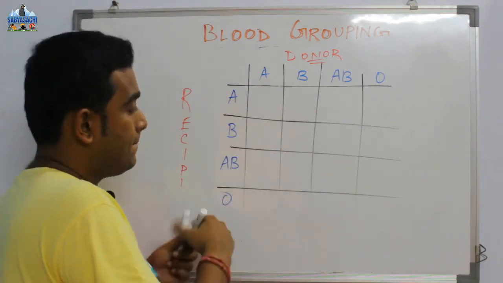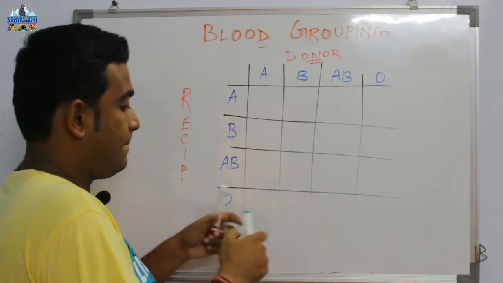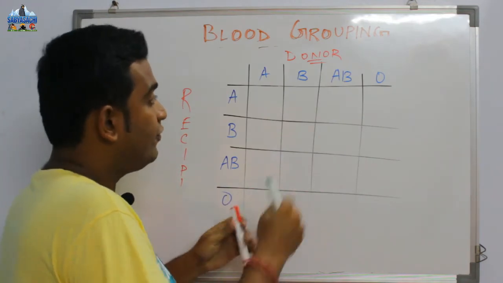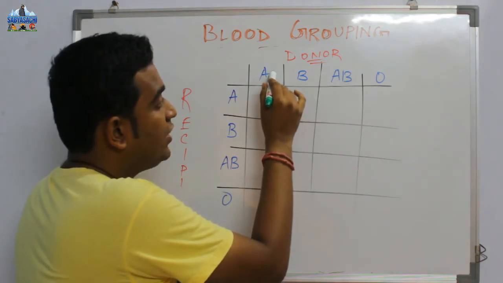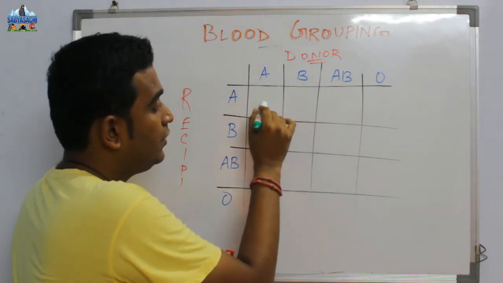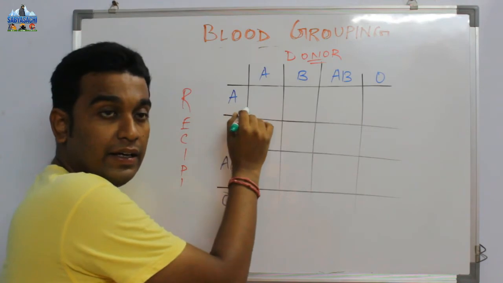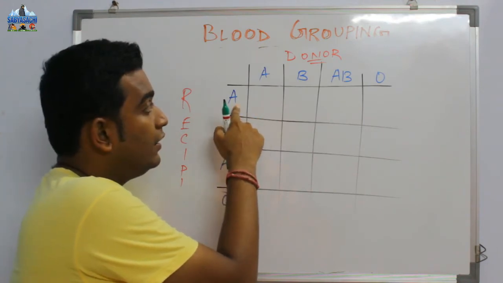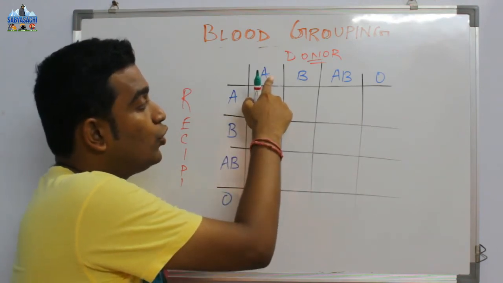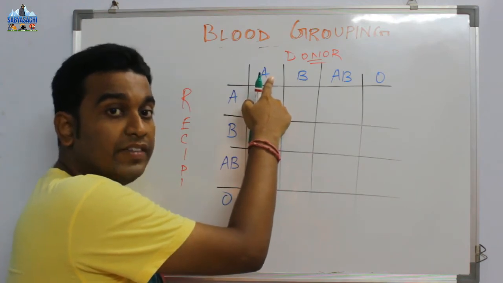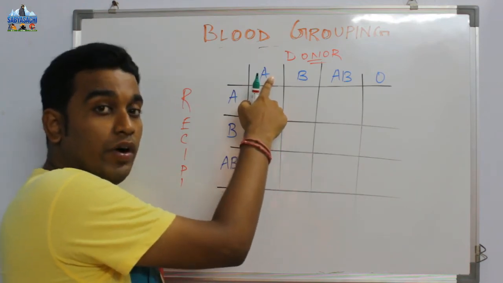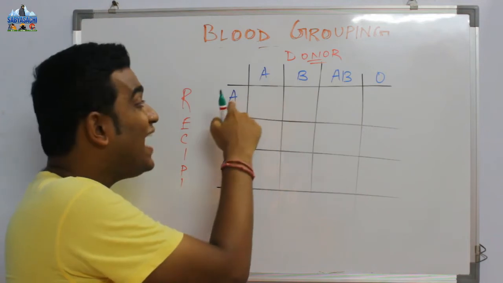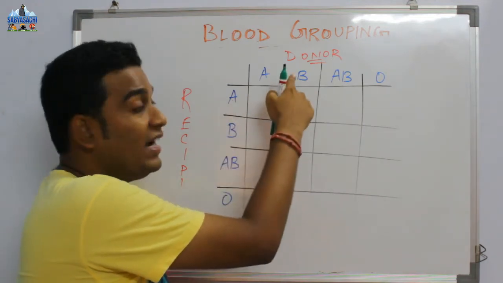A. If A is donating blood to the A. Now see, the A blood group has an antibody not against the A antigen but against the B antigen.